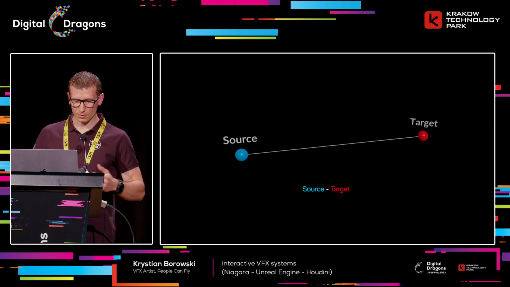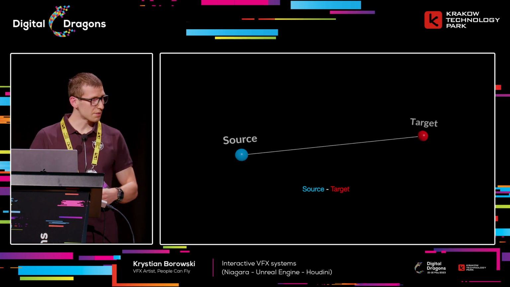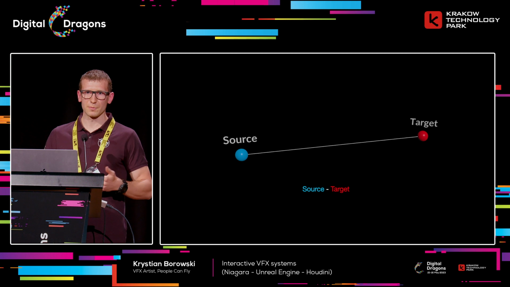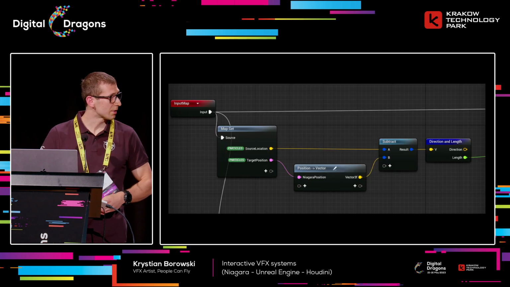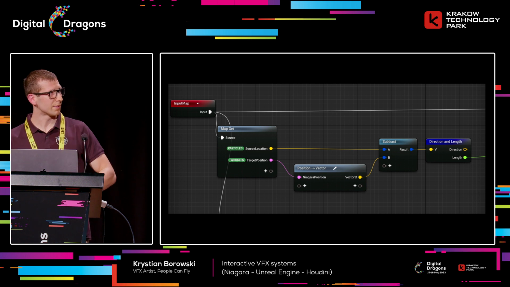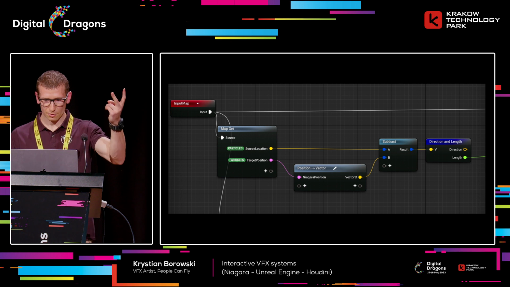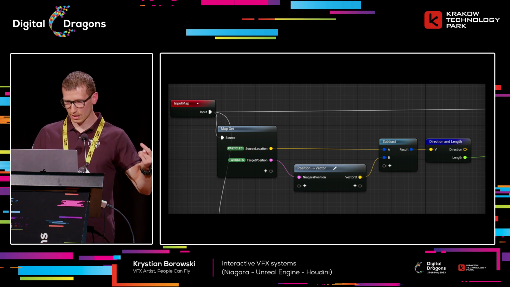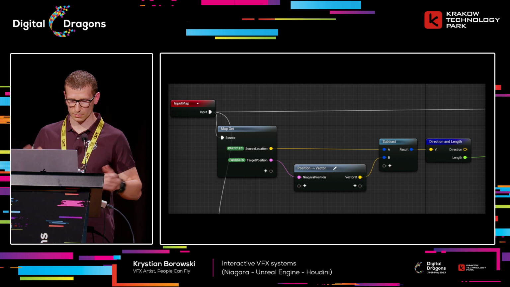We need to calculate a vector pointing from source to the target, and this vector can give us valuable data about the relation between them in space. Here's how you would do it in Niagara. You just subtract one vector from another and take the properties of this vector. There are only two properties that we are interested in: the normalized vector, which is the direction, and the length, which will give us information about the distance between these two objects.